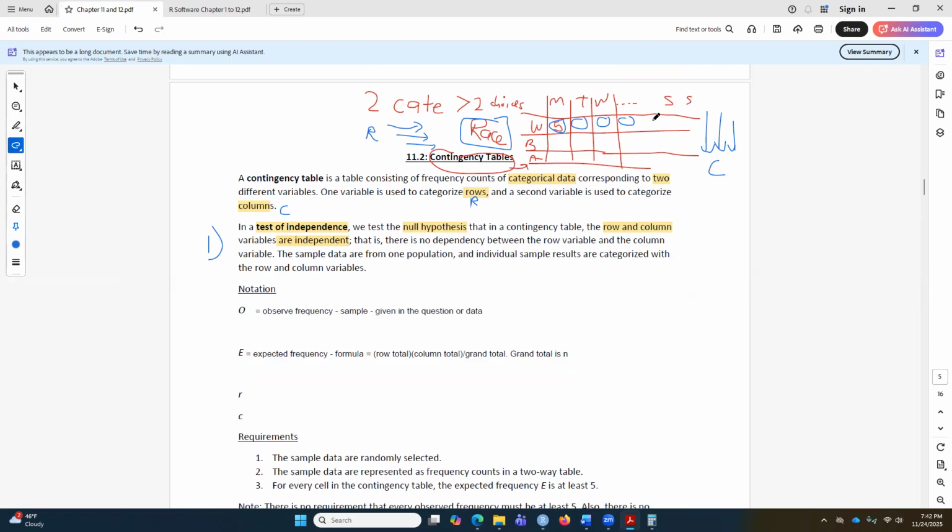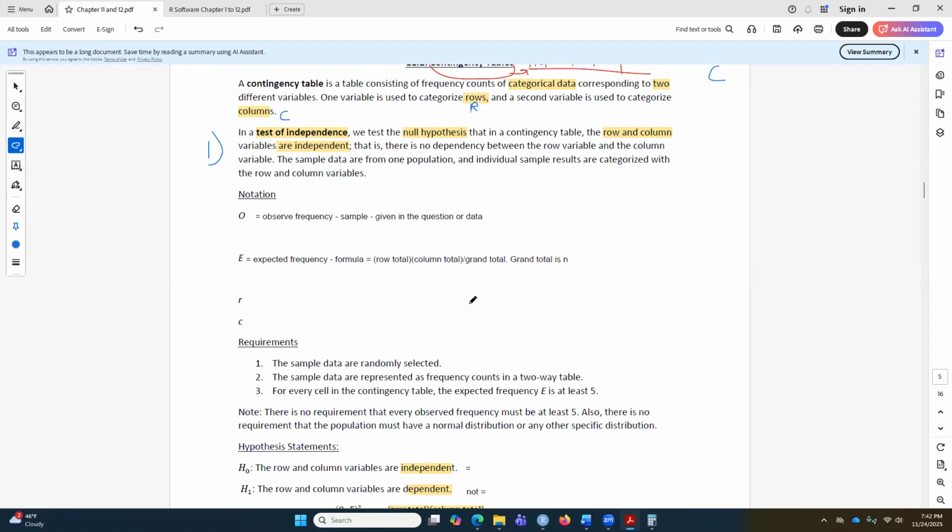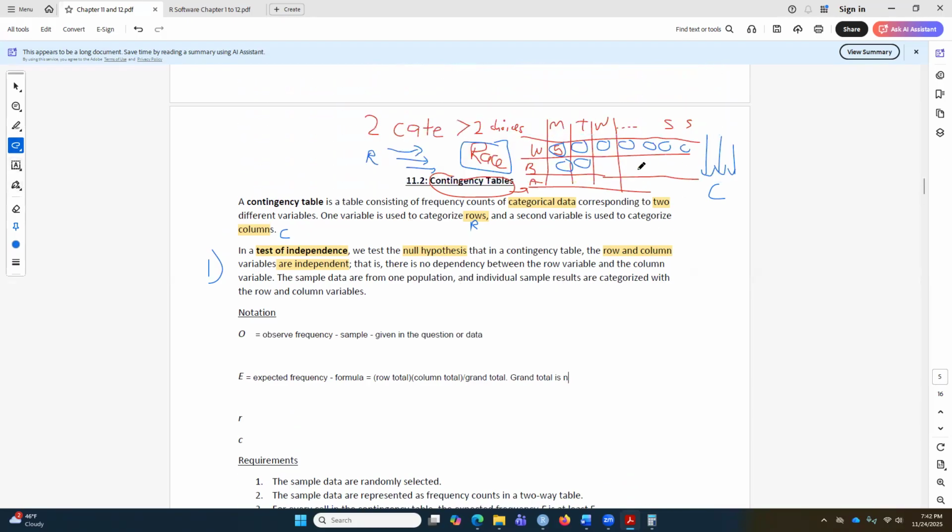Either they are the same or they're not the same. Again, we only do equal or not equal to, so we don't do less than or greater than.